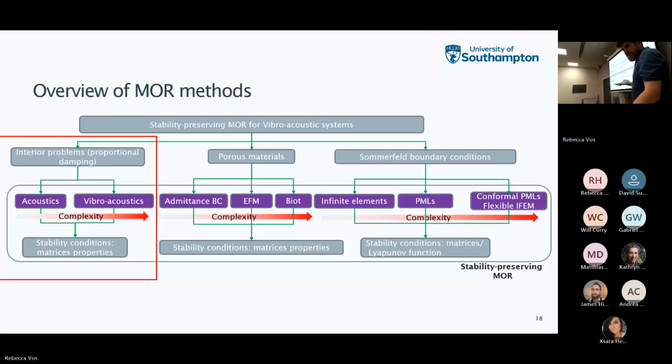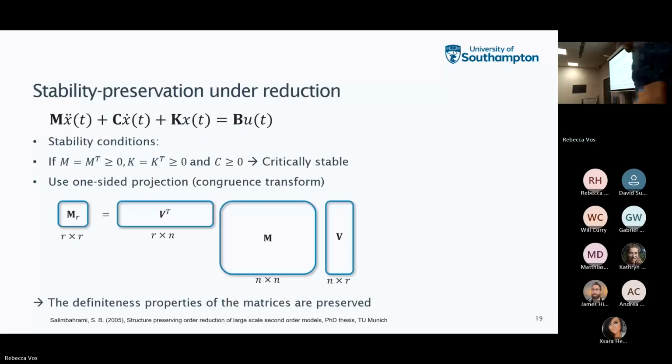And the thing is, if you do this procedure, the stability under reduction is not guaranteed. So you have to somehow find a way to get the stability preserved under reduction. Why is this the case? If you look at any finite element method, there are certain stability conditions that these matrices can have or should have to become stable.